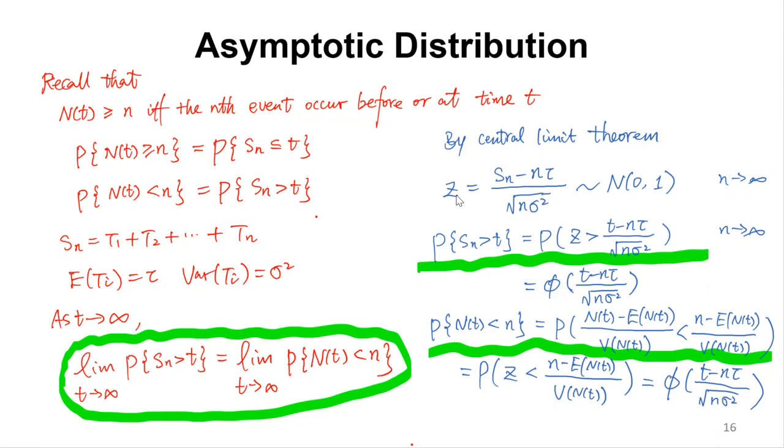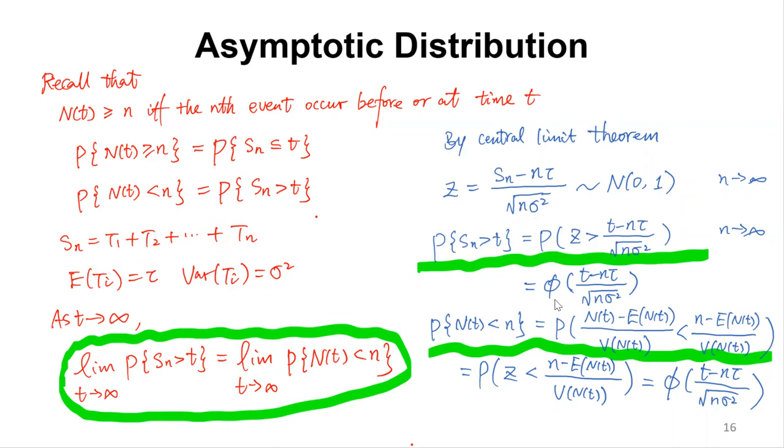If we do the standardization, Sn minus its mean divided by the standard deviation becomes a standard normal random variable, denoted by Z. So Sn greater than t becomes Z greater than (t minus n tau) over the square root of n sigma square.